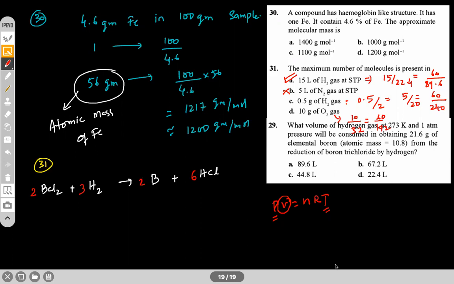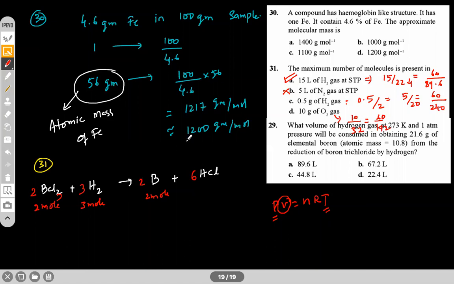These are stoichiometric coefficients, correct? And this means what? 2 moles of BCl3 combines with 3 moles of H2 and gives 2 moles of boron and 6 moles of HCl.